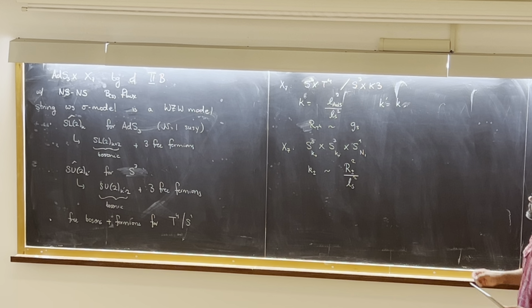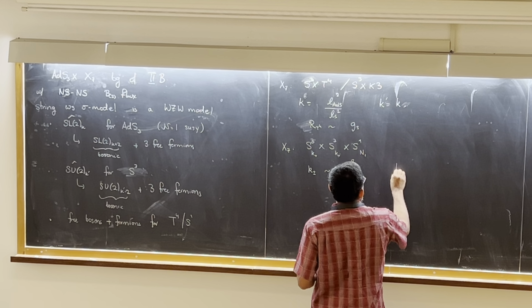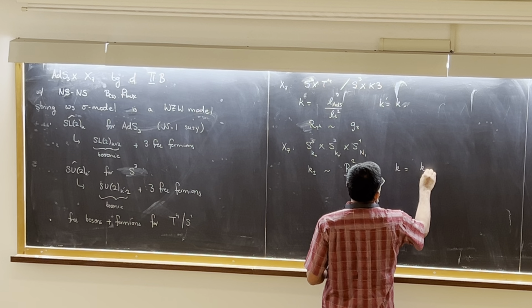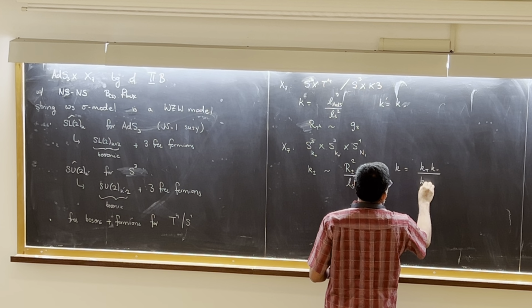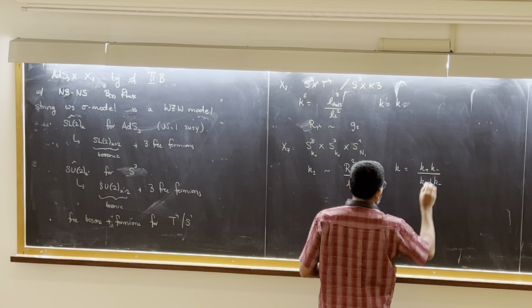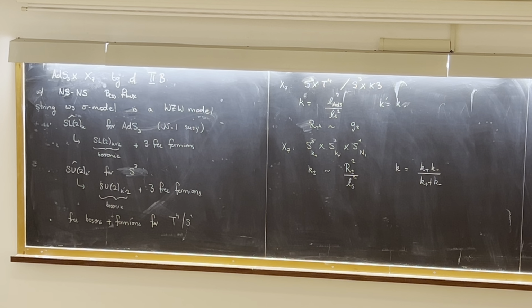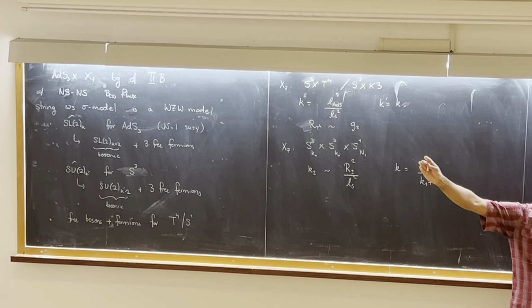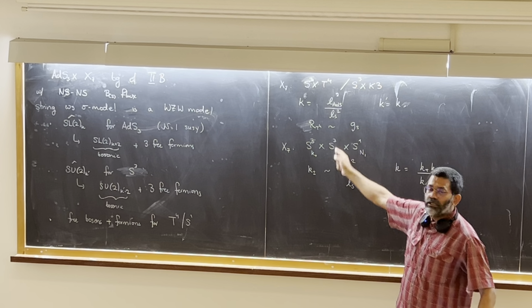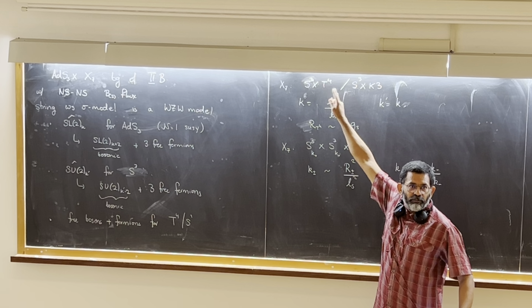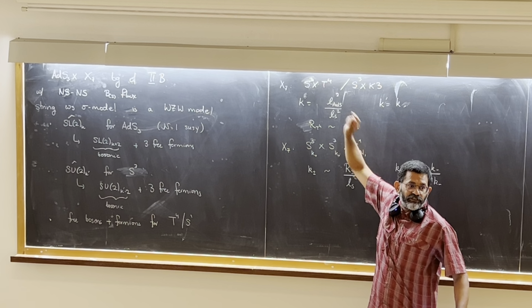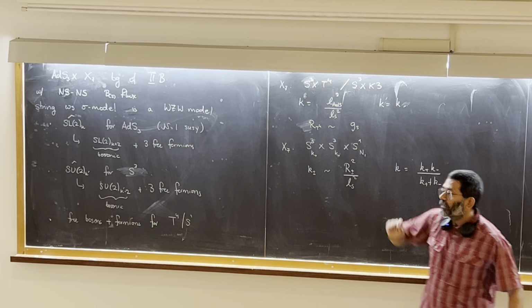Okay, and here K is a harmonic sum of K plus and K minus. In particular, if you take one of the K's, K plus or K minus, to infinity, then you decompactify the 3-sphere, it becomes an R3, and it reduces up to some IR modes to the S3 times T4 example. Okay, but you see the difference between the two examples is the following.